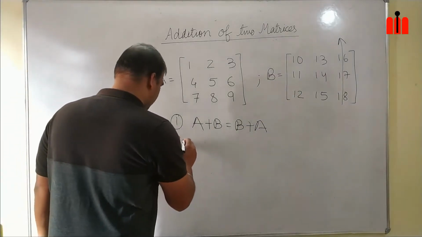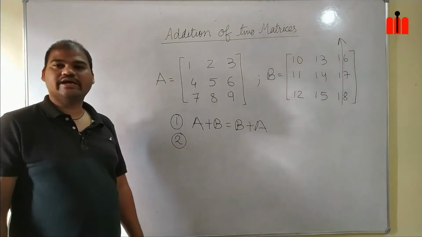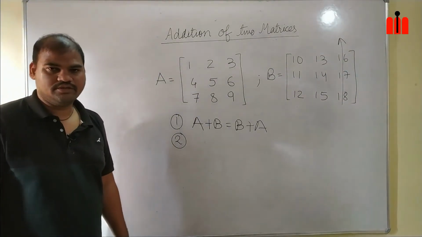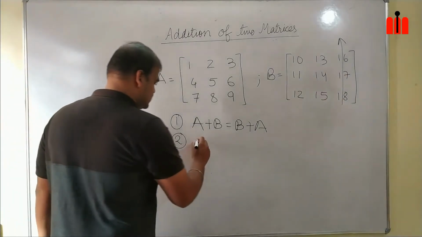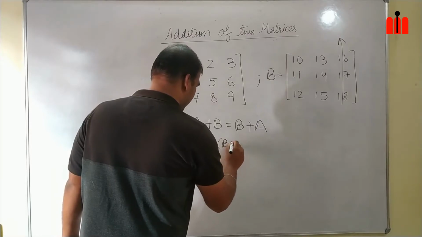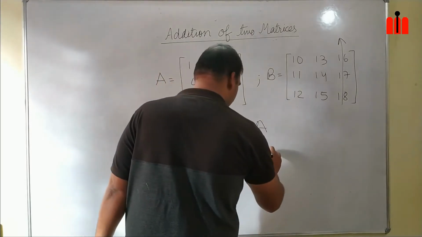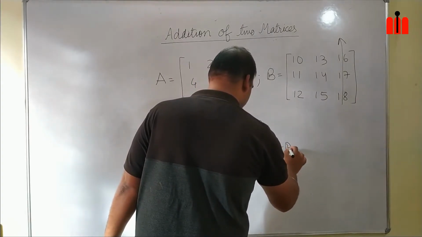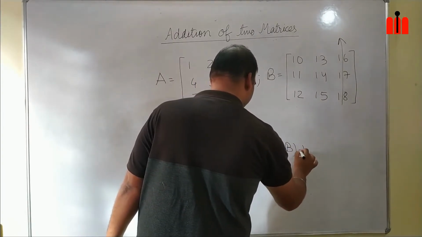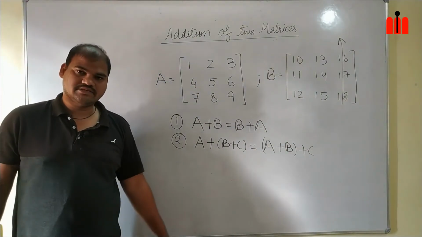Let's go to the next property. Suppose we take 3 matrices into account: A plus B plus C is equal to A plus B plus C, grouped differently.